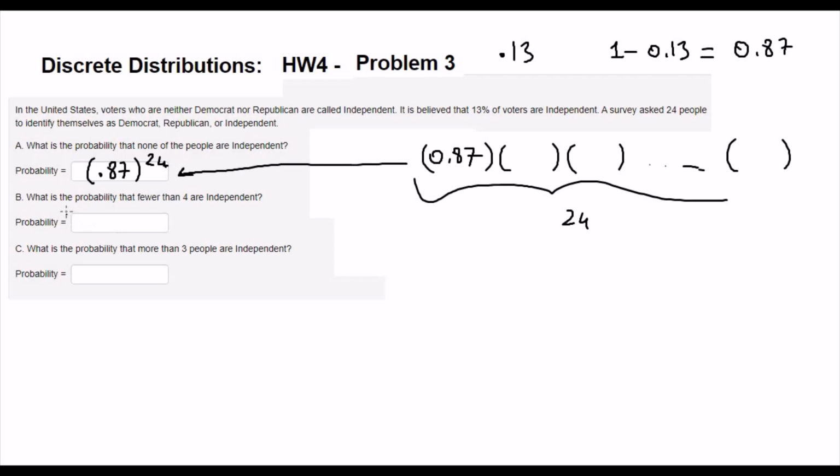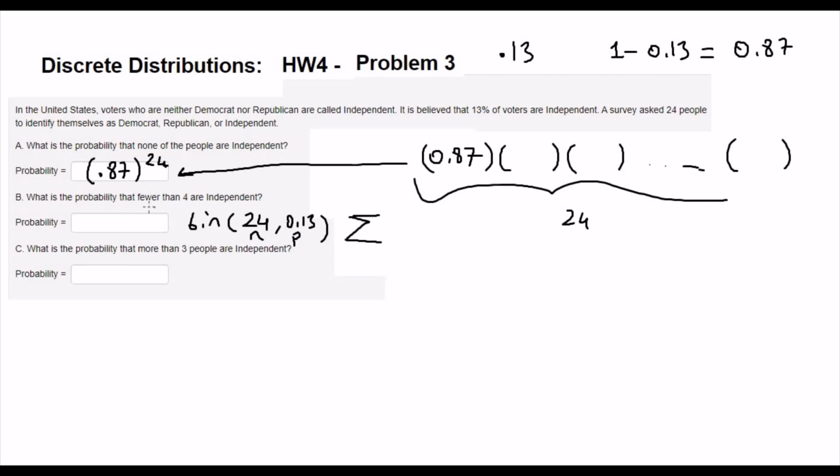Part B, what is the probability that fewer than 4 people are independent? So this is binomial with the parameters 24, which is the number of trials, this is n, and p, the probability. The probability of independent, we knew explicitly, 0.13. And this is going to be a summation.